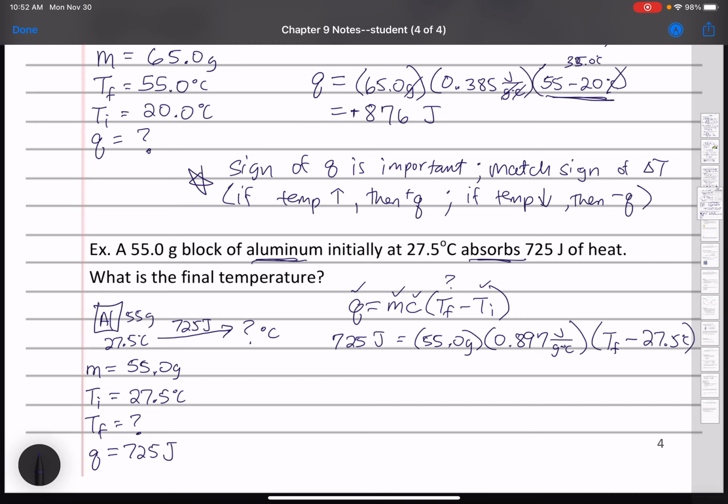So first I'm going to multiply these two, and I get 49.335. And my grams cancel, so that's 49.335 joules per degree Celsius times TF minus 27.5.